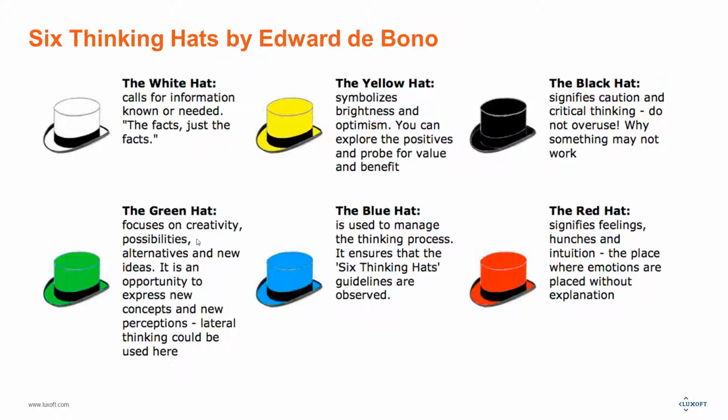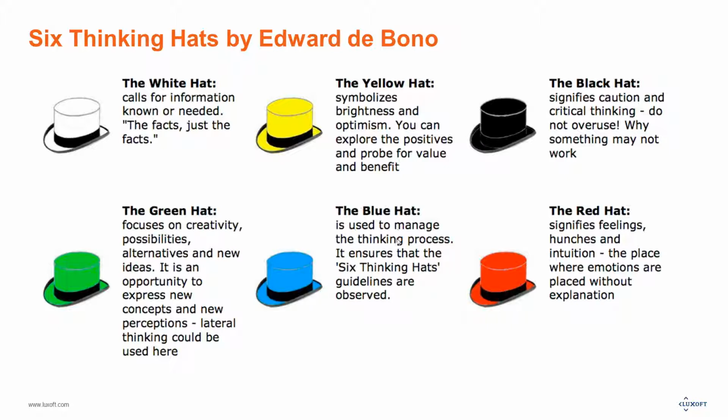The green hat focuses on creativity, on something that was not said already in the meeting, on something new. The green hat also focuses on next steps. So okay, we have this information, we have pros and cons, what will we do next? The green hat generates ideas for the next steps. There is also the blue hat, and the blue hat is actually the facilitator.